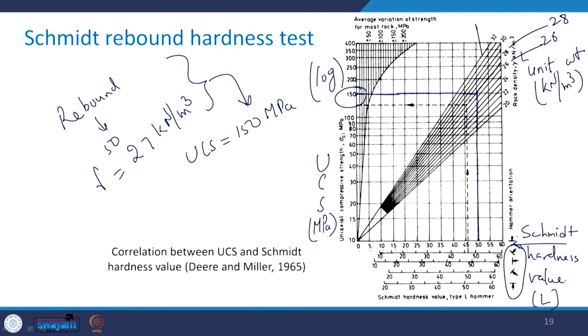That means the hammer should be held perpendicular to that surface. Although you can hold it at any orientation, you then have to apply the corrections which are given here. But since this is beyond the scope of this course, we are not going to discuss that. You should understand the philosophy behind this Schmidt rebound hardness test and how this is used to obtain the UCS.